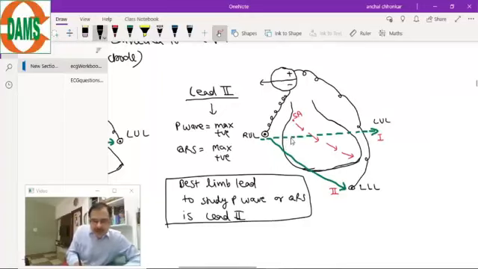Look at the direction. This is the angle which lead 2 makes with lead 1. So this is a 60 degree angle.